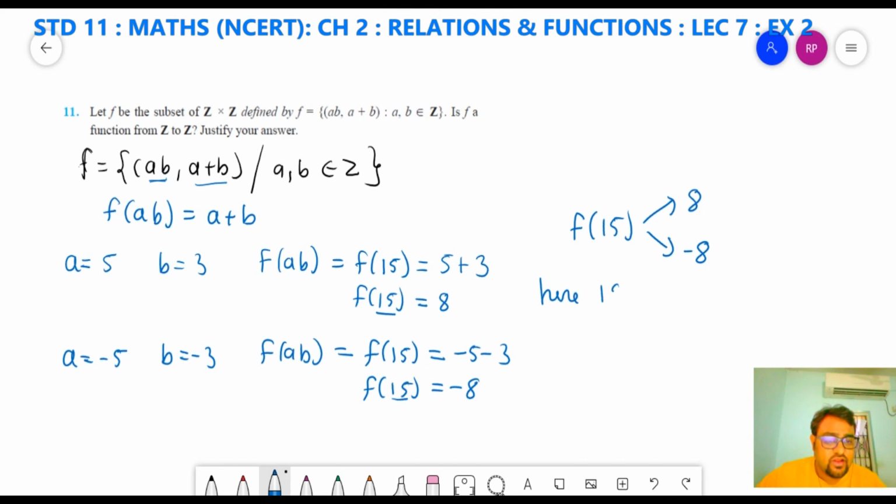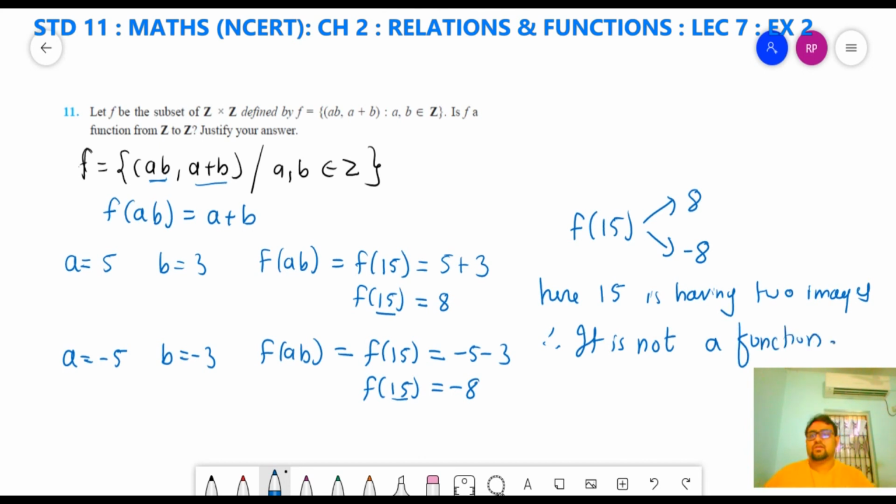So here 15 is having two images, right? Therefore it is not a function. Clear? So write down question number 11.